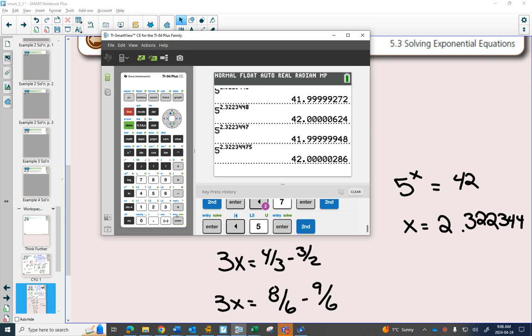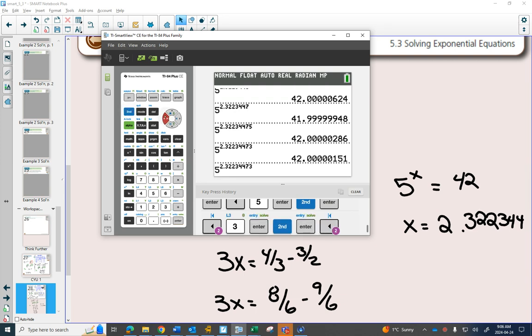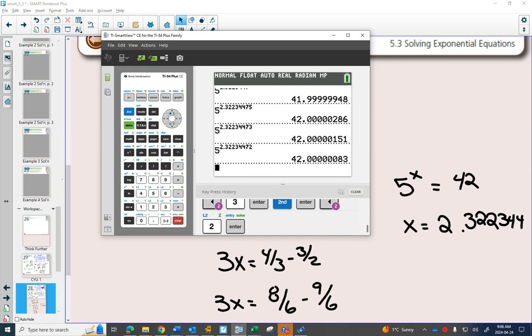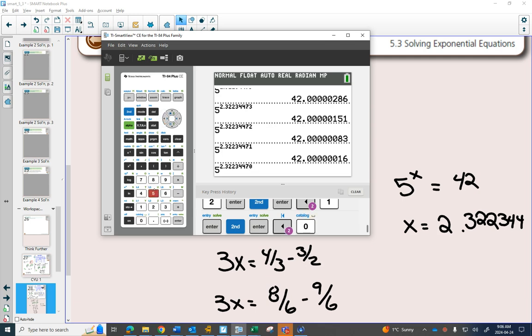And 7, 3. Oh, we're getting too entranced by this. 7, 3 is still too much. 7, 2. We could get decimals forever. Oh, 2 is too much. 7, 1 is too much. So now, I'm going to try 0, 5. 0, 5 is too little. 0, 8. Okay. This is so much fun, isn't it? Now you could just spend your whole afternoon getting more and more decimal places. Well, that's too much.